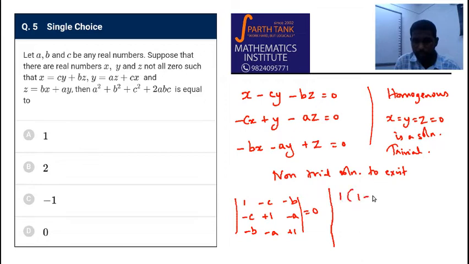1 into 1 minus a square, plus c into ac plus b, ac, c into c, excuse me, maybe a mistake, c times c minus c, minus ab.